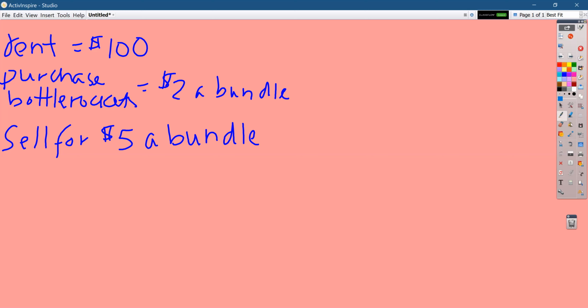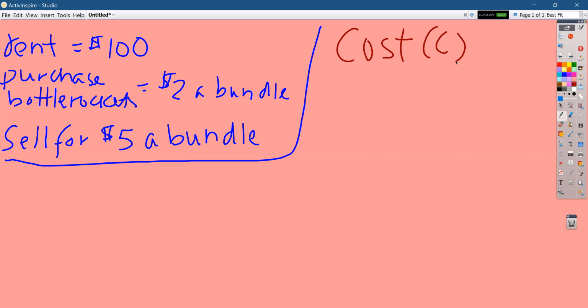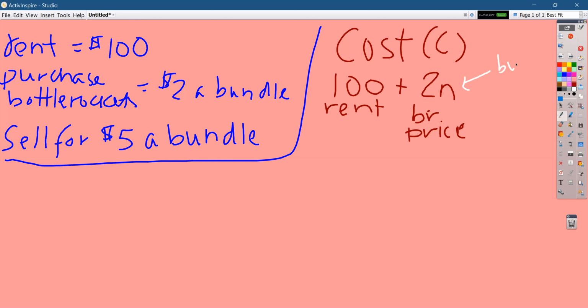All right, so this is what we have. So here's what we know. His cost, C, is the $100 rent plus $2 for each bundle of bottle rockets. Let's say that N is bundles.